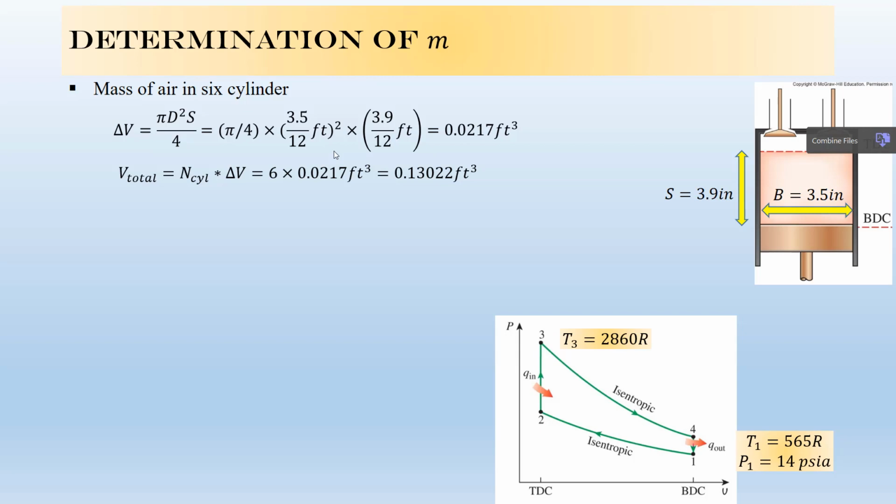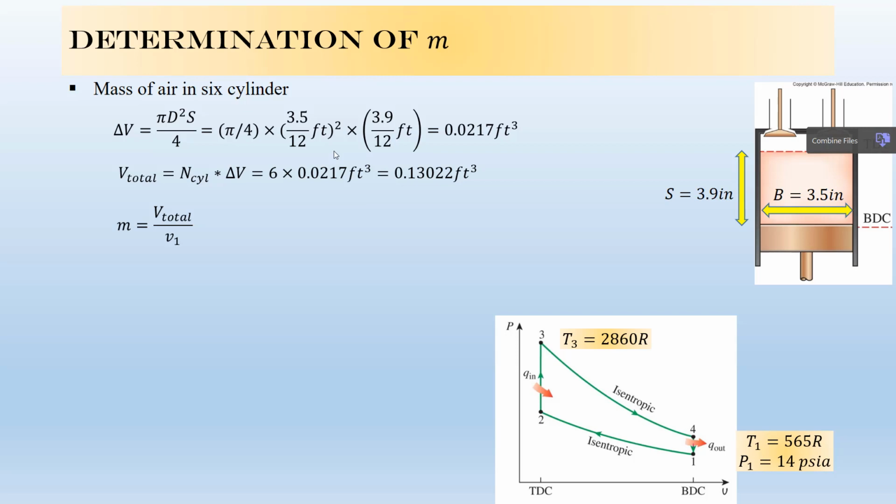What's the relationship between V and mass? We can write M total, or M, equals V total over nu 1, the specific volume at state 1. So you can find nu 1. How? By using the ideal gas equation of state.